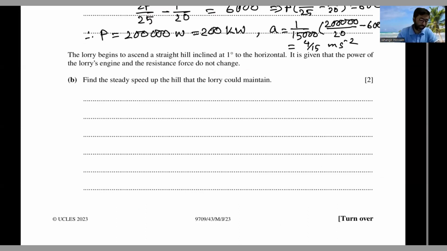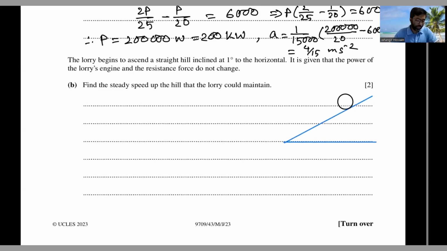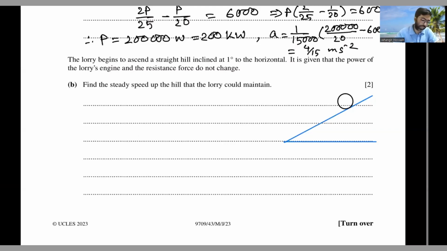Here you see, if you draw it roughly, this is the lorry and forces. What are the forces?